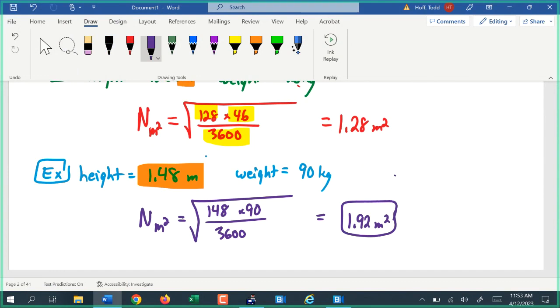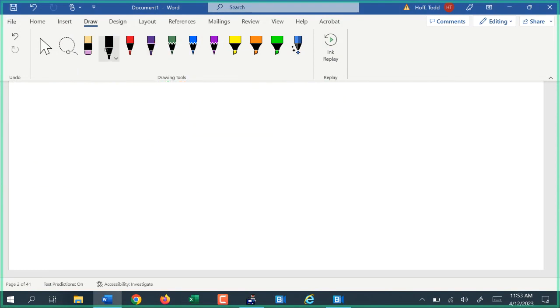The second version of the formula is if a patient's statistics are given in standard units. So if our height is in inches and the weight, and this would truly be a weight in the standard system, is in pounds.